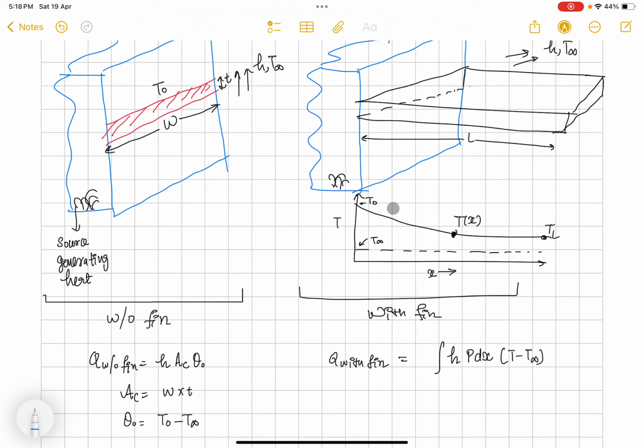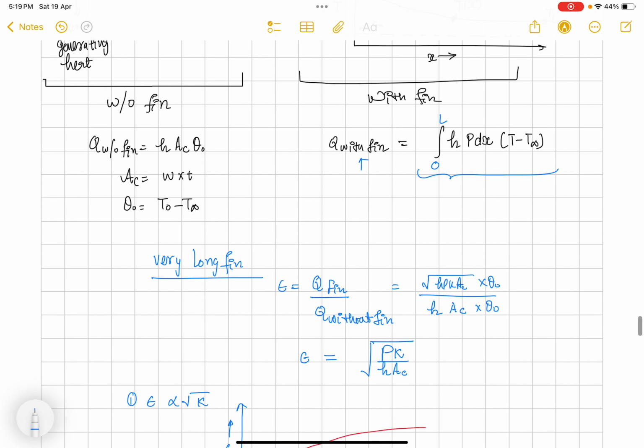At every point there will be a difference of temperature, and this difference is not constant, so we need to integrate this expression from 0 to L to get the heat transfer with fin.